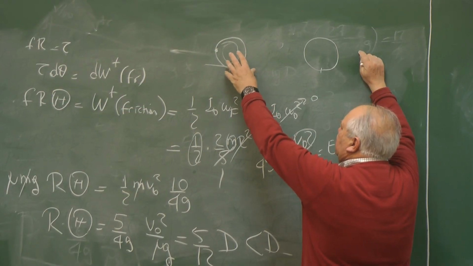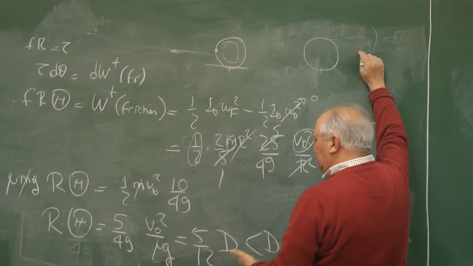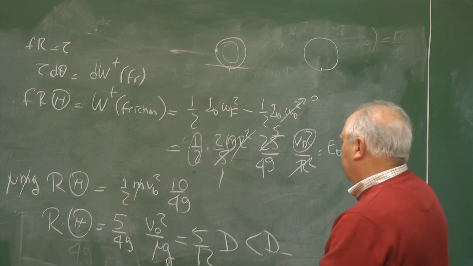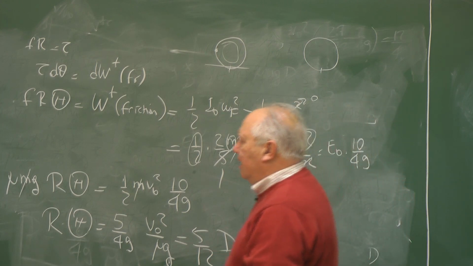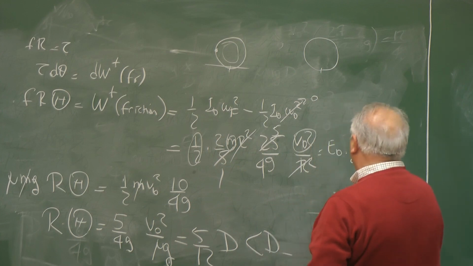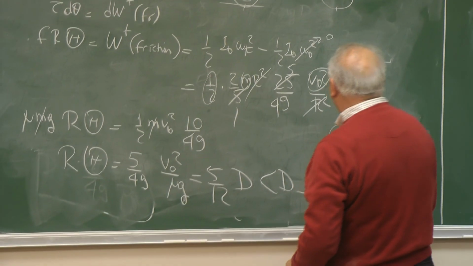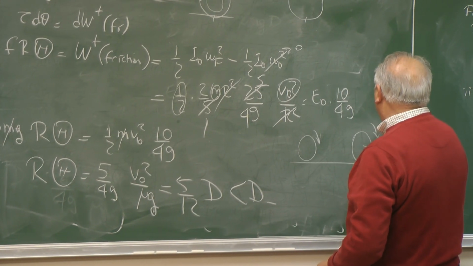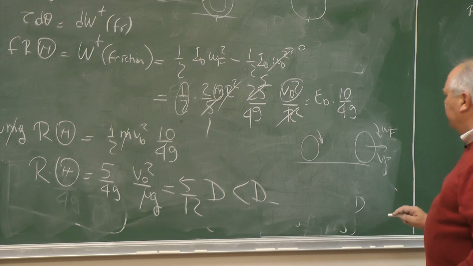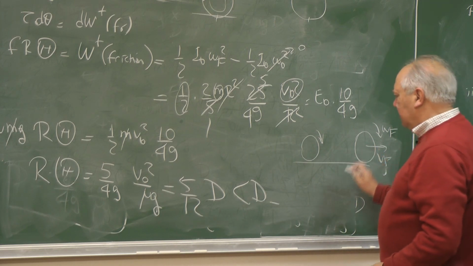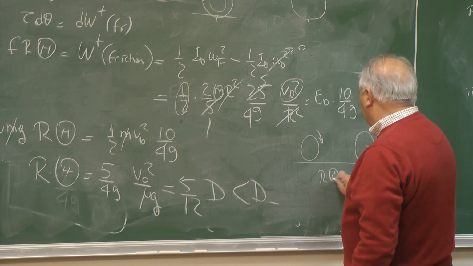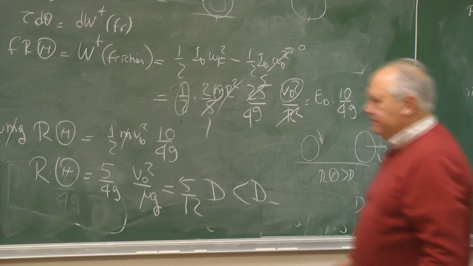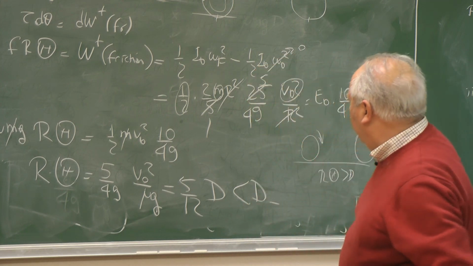So R theta we expect to be less than D, but now we know it exactly how much less. It is less than half of D. In the other problem, if you remember, when we put the object with rotating this way, and when the Vf and omega f rolling without slipping condition was satisfied, in the previous problem R theta was larger than D. Here it is less than D.